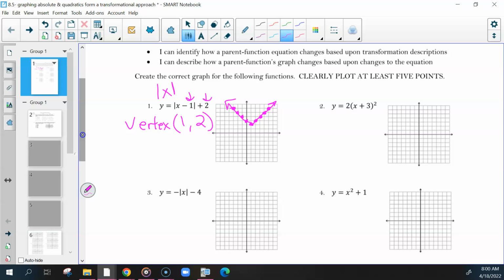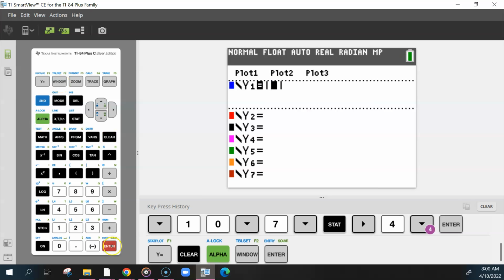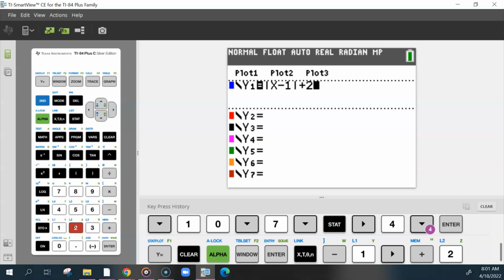Now, we could put that back in our calculator, go to our table, and match the points, and that would also work. So I will do that for the test. In your calculator, remember your absolute value is alpha, and ABS is how to get there. So you could do one of two things: go into your graph, match the points, or go into your table.